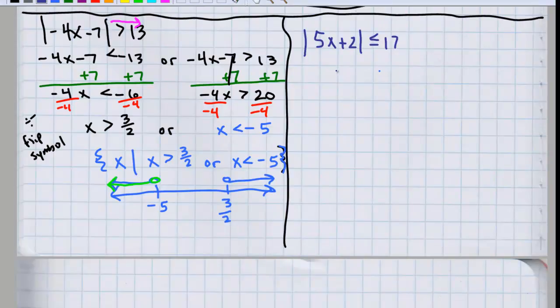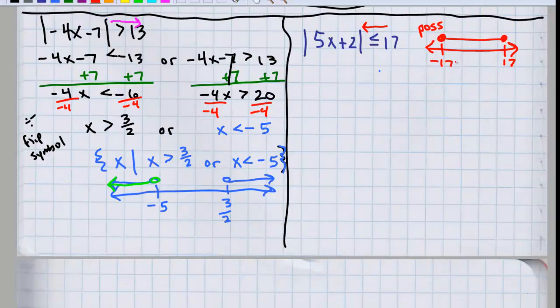Okay, now we have the absolute value of 5x plus 2 is less than or equal to 17. Because we're going towards the absolute value, we're going to set this equation up as an and statement. So the possible solutions are going to lie between negative 17 and positive 17, just like in class with what we were doing.